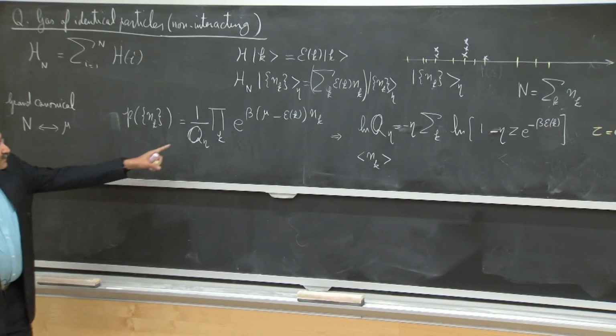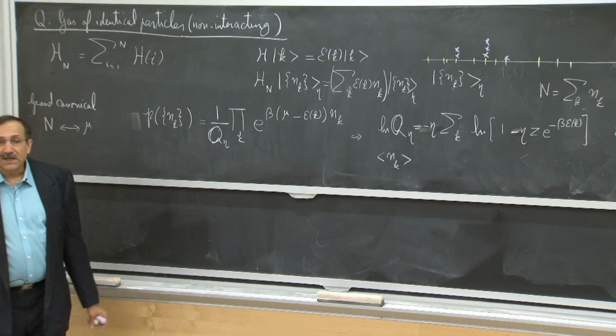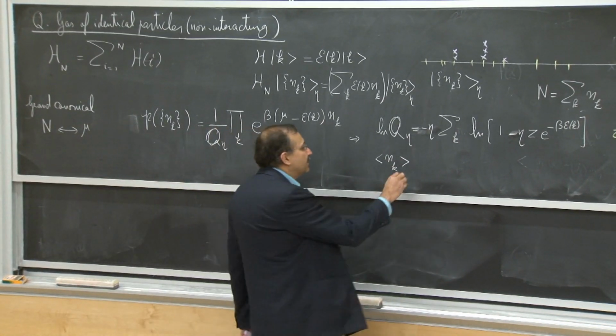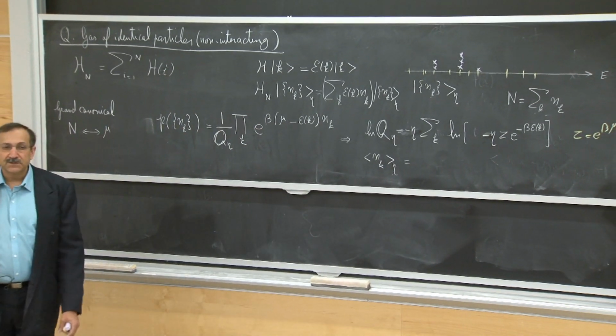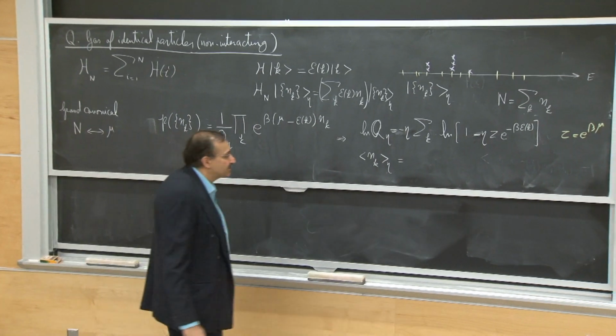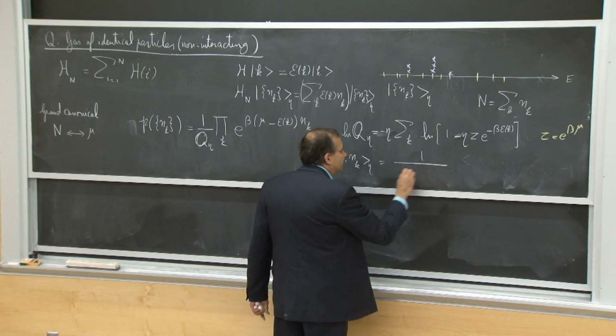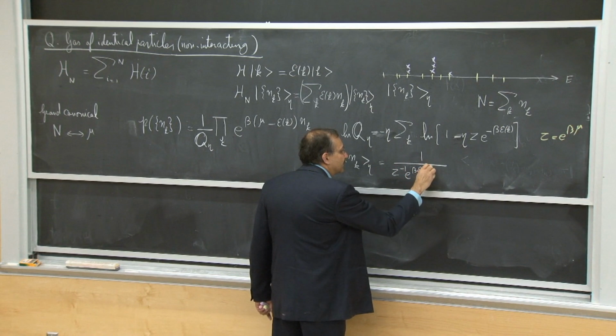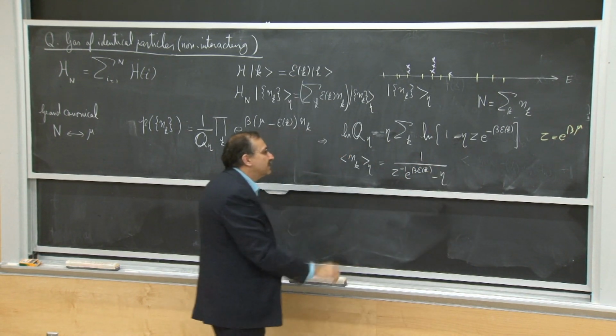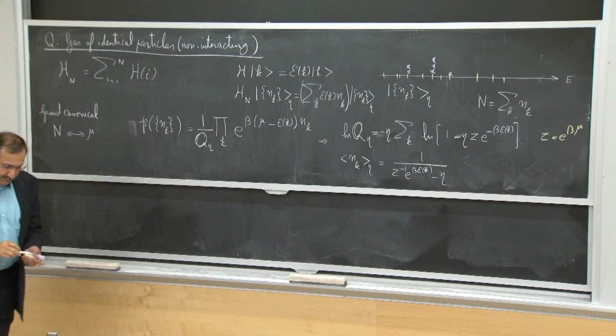And from this probability, it is easy to calculate the average. And the answer, again, can be collapsed into one expression for the case of bosons and fermions as 1 over z inverse e to the beta epsilon of k minus eta, encompassing both fermions and bosons.